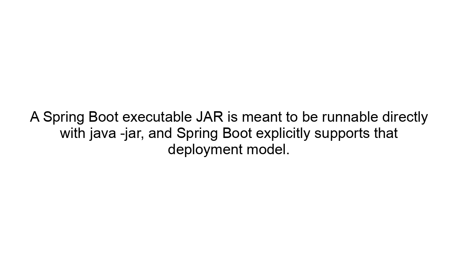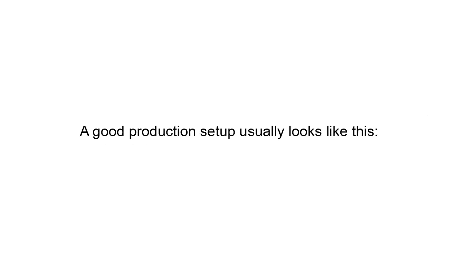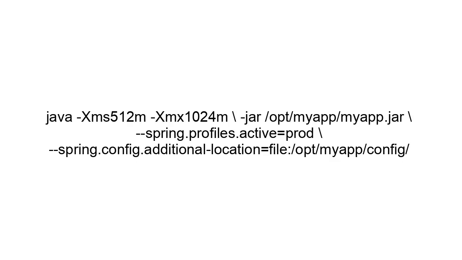Final summary. A Spring Boot executable jar is meant to be runnable directly with java -jar, and Spring Boot explicitly supports that deployment model. A good production setup usually looks like this: java -Xms512m -Xmx1024m -jar /opt/myapp/myapp.jar --spring.profiles.active=prod --spring.config.additional-location=file:/opt/myapp/config/.